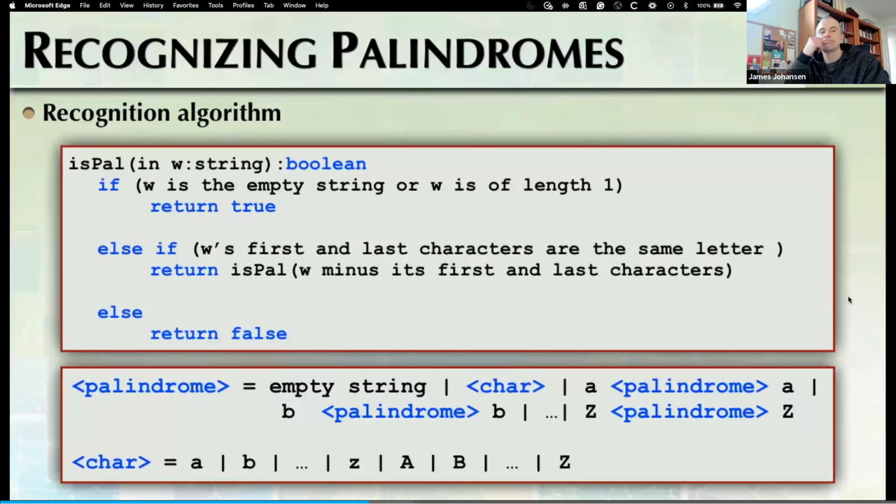If the first and last characters are the same, we know we have the potential to be a palindrome. In that case, we take out the first and last characters and look at what's inside and see if that's a palindrome. So we check is pal of W minus the first and last characters. And we continue doing this repeatedly until either we end up with an empty string because we had an even number of characters, or a single character because we had an odd number of characters.